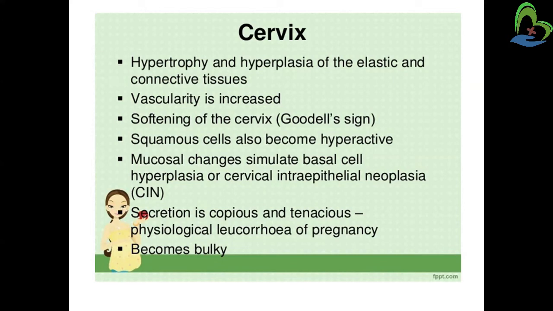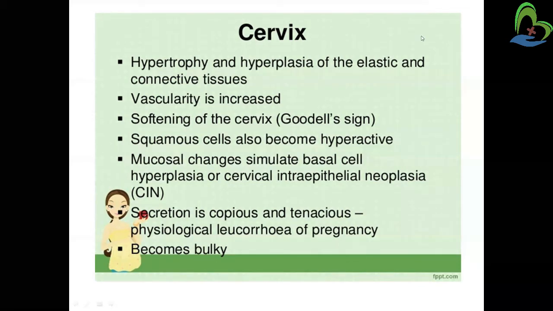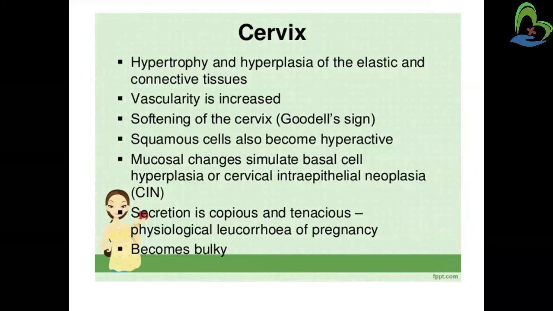Squamous cells also become hyperactive. Mucosal changes stimulate basal cell hyperplasia. So the mucosa present in the cervix undergoes changes, causing basal cell hyperplasia, an increase in the number of cells, which is also known as cervical intraepithelial neoplasia, that is CIN.